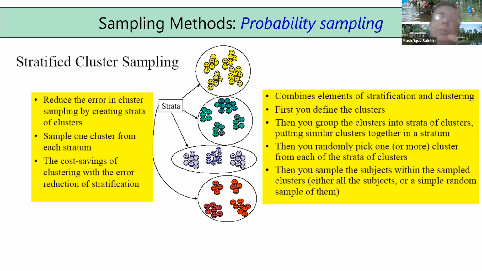In those 19 districts, I have something like 623 unions. Or rather upazilas, I'm sorry, unions. So I have all those. If I can define those unions into some strata, for example, based on physical vulnerability to hazards, then I can group them, and then I can sample from them. So that would be my stratified cluster sampling.